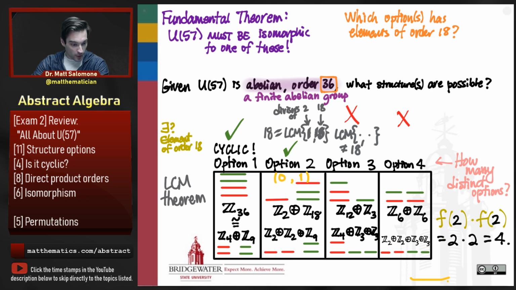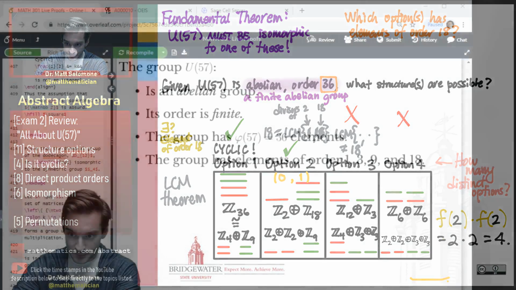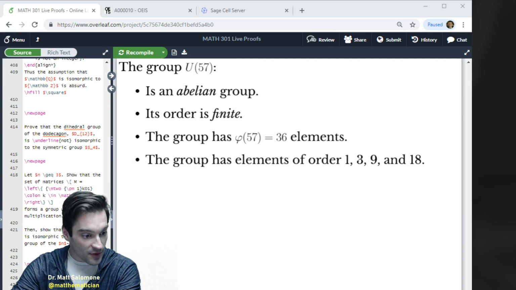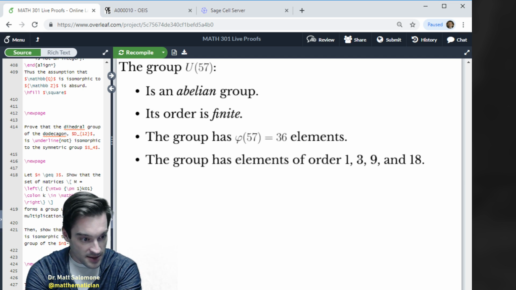We found one more thing out in our little detective piece over here. Right, so let's write that down into our list of things that we now know about this group. So the fundamental theorem says that this group is isomorphic to one of the following.